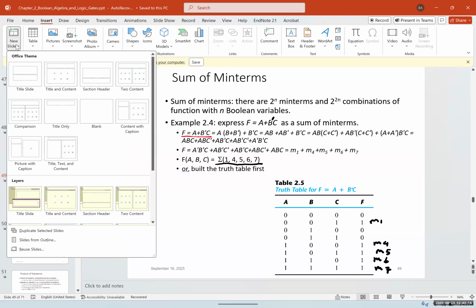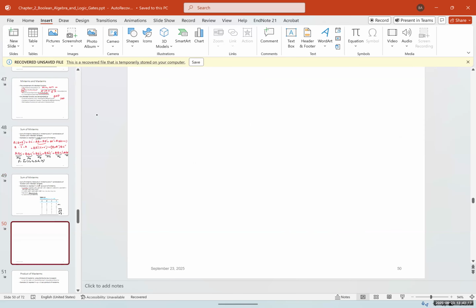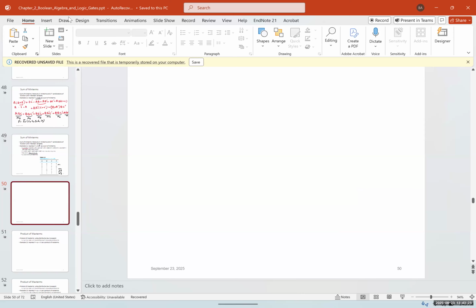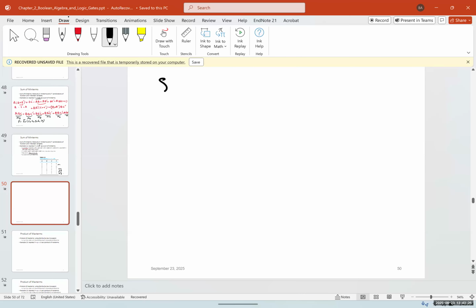Now, let's do another expression, another example. We want to express this as the sum of products. And again, sum of product, or SOP, of F equal to a prime b plus c prime.